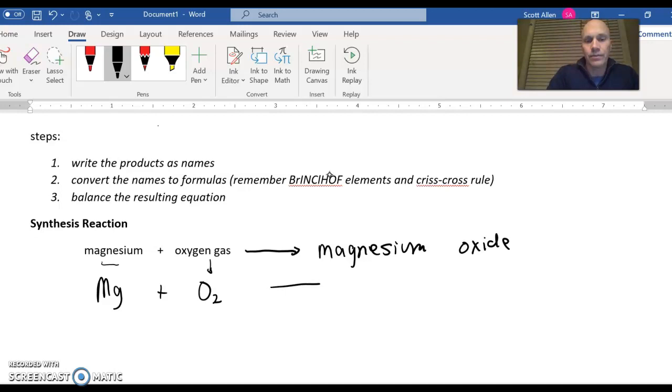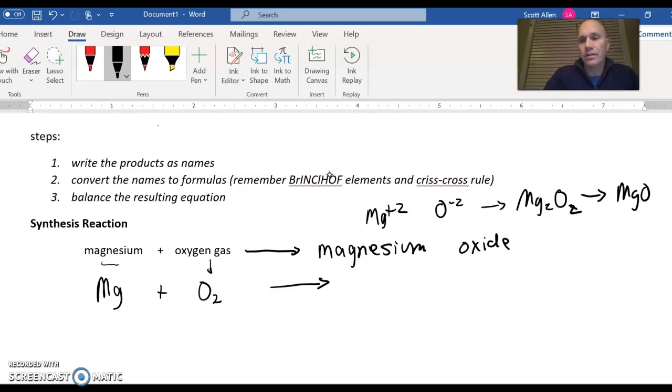For magnesium oxide, remember that magnesium in that formula is going to be a positively 2 charged ion. Oxide is going to be a negative 2 charged ion. If you crisscross those, you would get Mg2O2, and that's going to simplify to just plain old MgO.